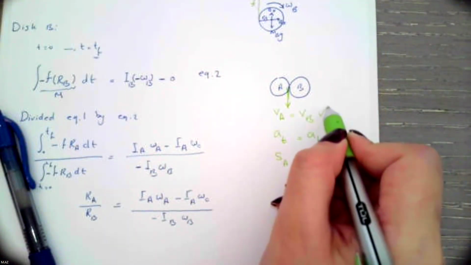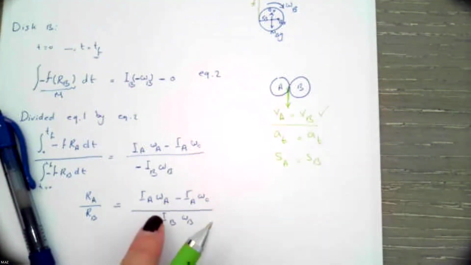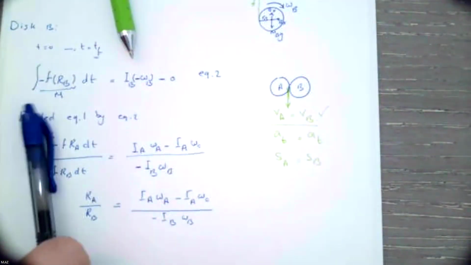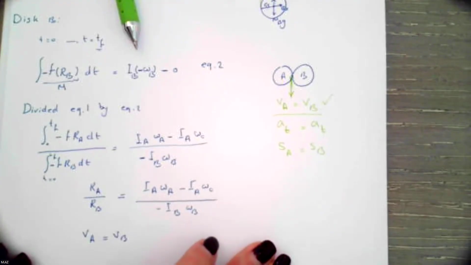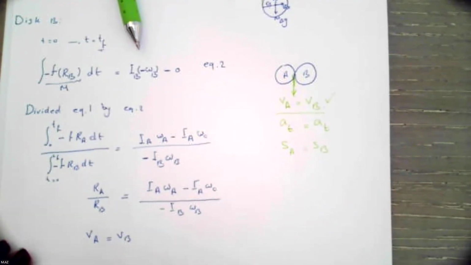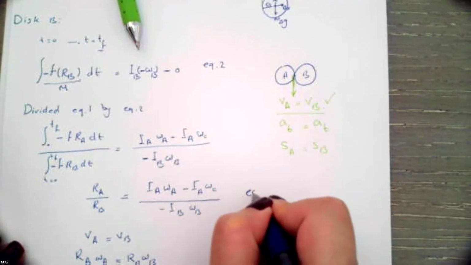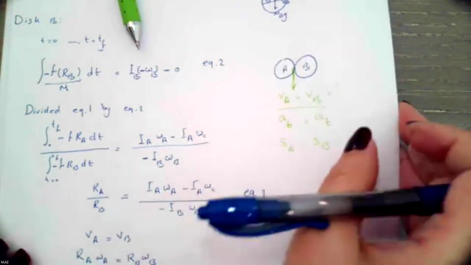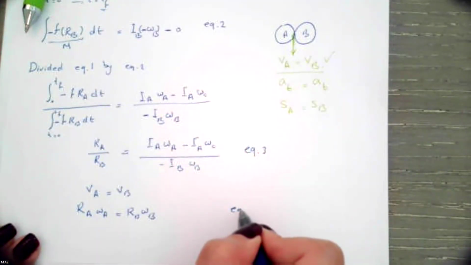For this problem, we just use this information, because we are looking for omega. Once we write the velocity at A equal to the velocity at B, and write it based on R and omega, we have R_A omega A equals R_B omega B. This is equation 3, and this is equation 4.